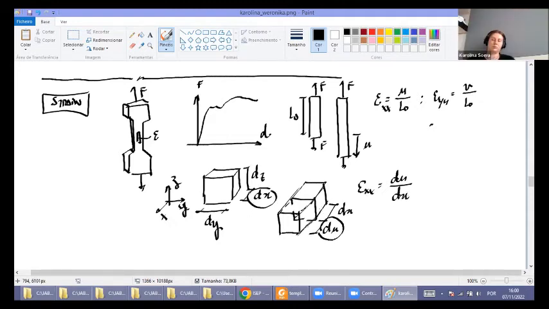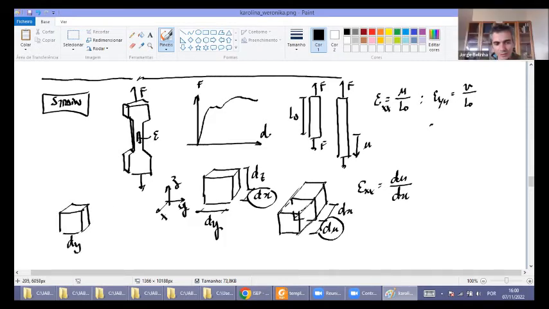You do it in the other directions, for example, in the y direction. This is the initial size. You stretch it, you apply the force, and it gets this size. So it grows a dv. So your epsilon yy is equal to dv/dy.